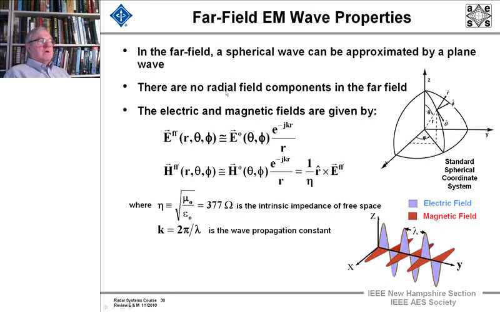There's no radial component in the far field. Electric and magnetic fields are all tangential. They're not in the radial direction. They're only in the theta and the phi direction, and they go as e to the minus jkr over r. They drop off as 1 over r in the far field.